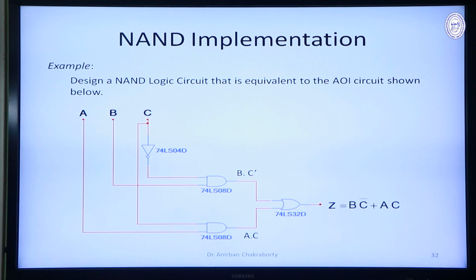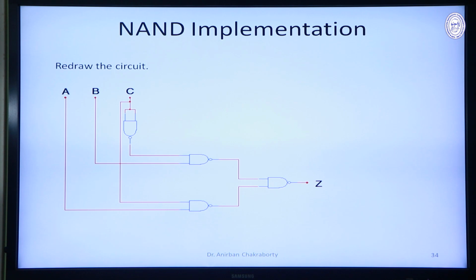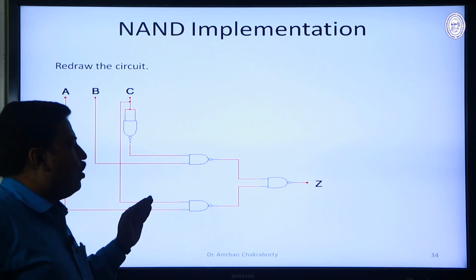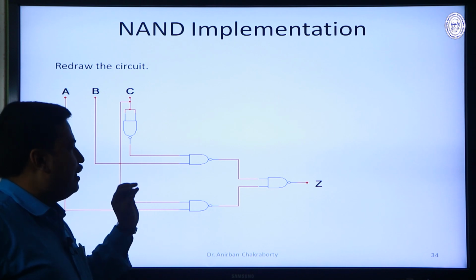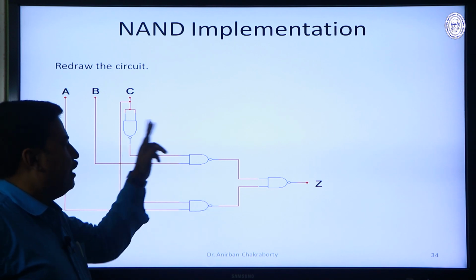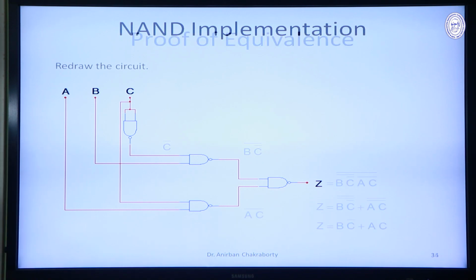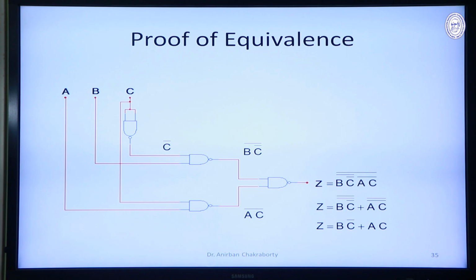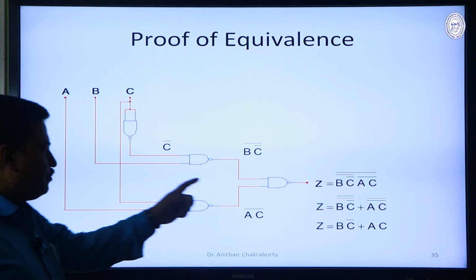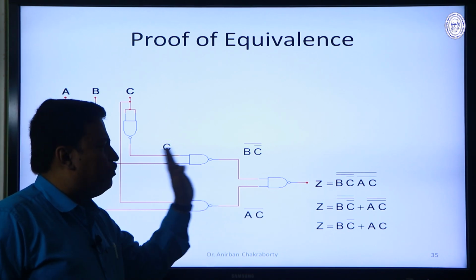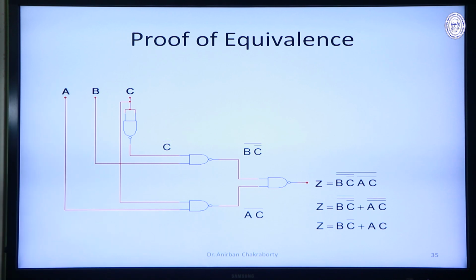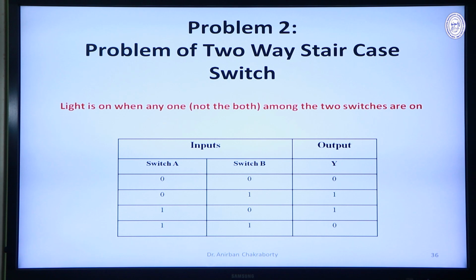But when I realize it using NAND, I use 4. The IC has 4 NAND gates, and I have used all of them. So in terms of financial benefits also, we are ahead. Thus I have proved the equivalence, that using NAND gates the circuit works fine.